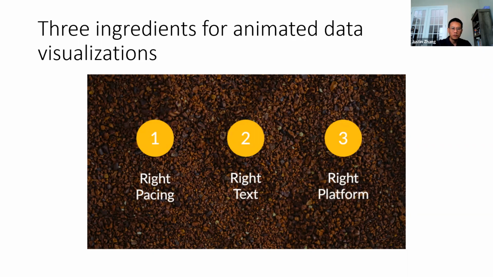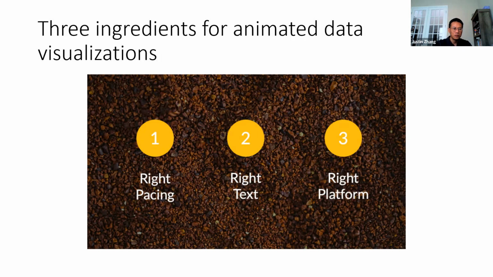Second, we need to have the right text. We may need to explain how to read the graph or point out specific aspects of the graph. And the last one, we need to use the right platform. Some of this will work well on Twitter or Facebook, but may not work well in a blog post.